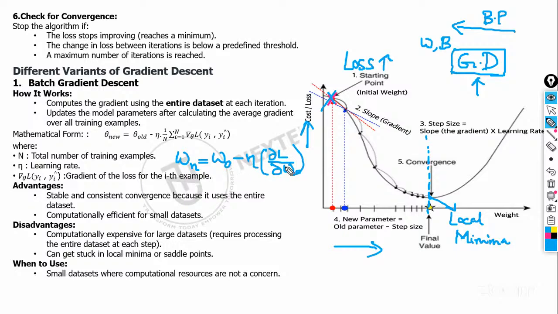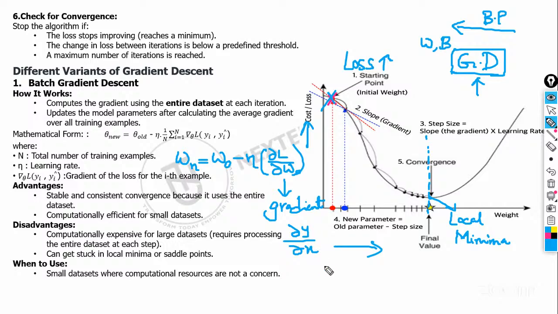So what happens if my weight is initially here? Friends, can you explain what this means? This represents the gradient, right? What exactly do you mean by dou y by dou x or dy by dx?